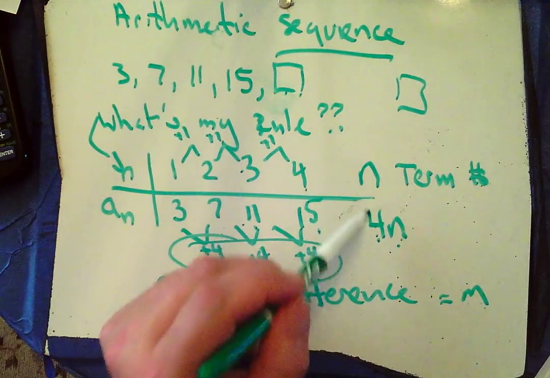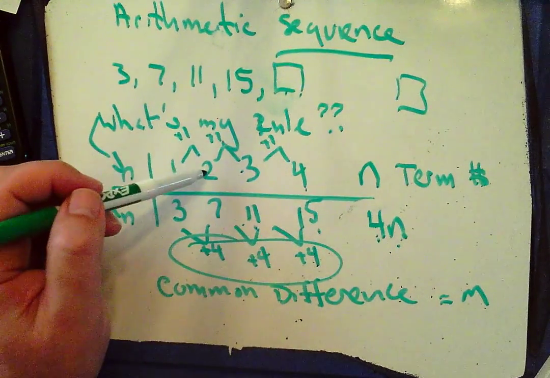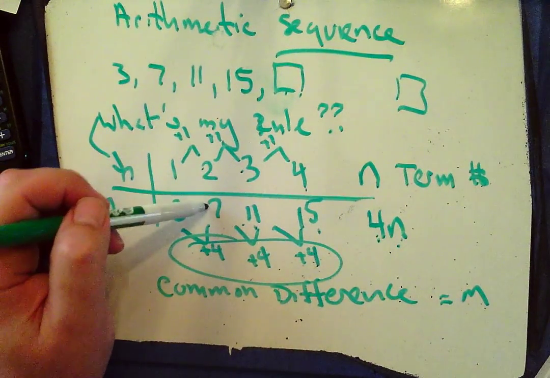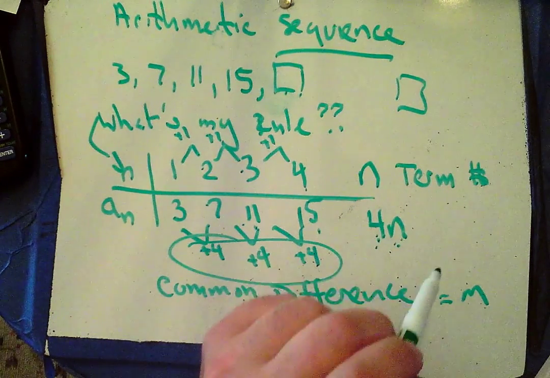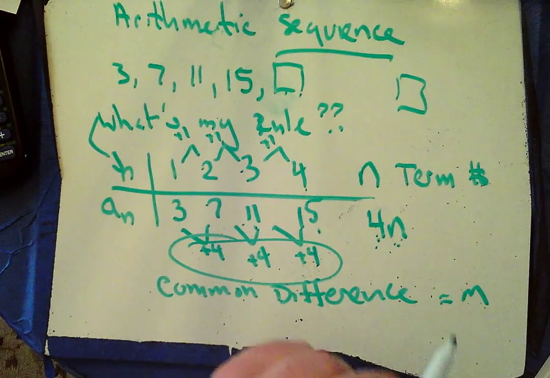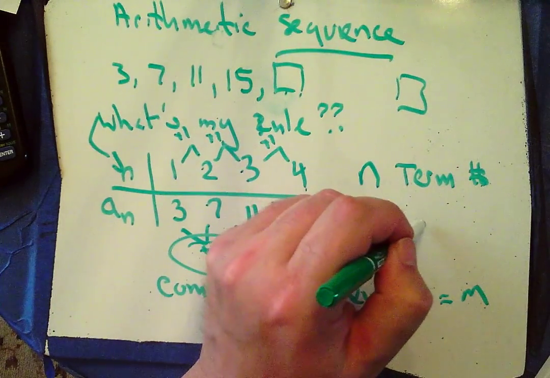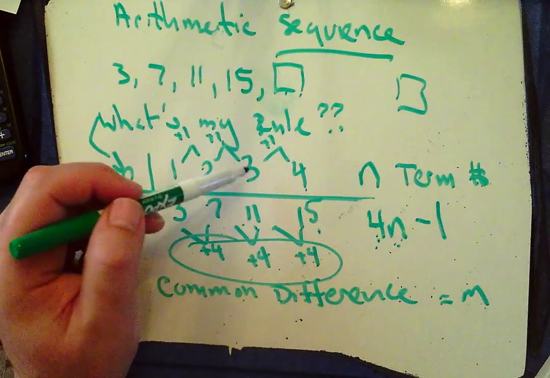What do I have to do to this rule to get the value I actually want? When I plug in a 2, I should get a 7, but when I plug in a 2 here, I get an 8. So I need to add or subtract to make that rule work. And in this case, I'm going to subtract 1. So let's test these values again.